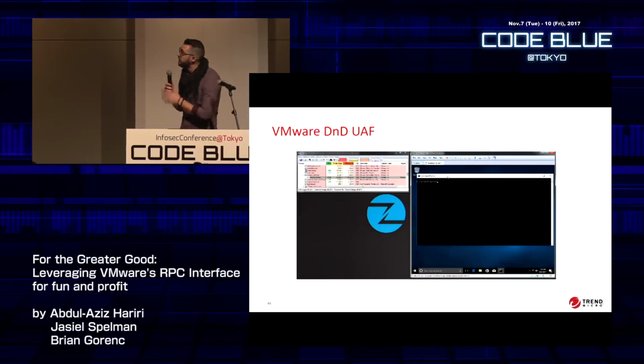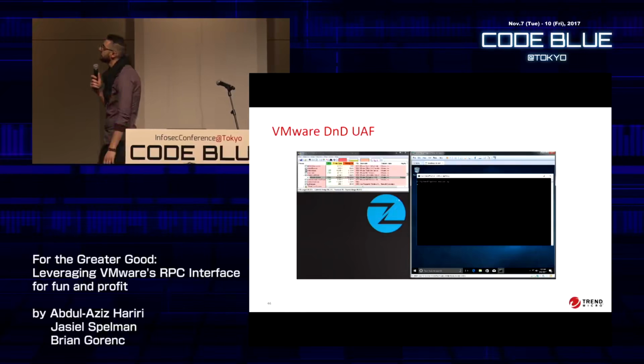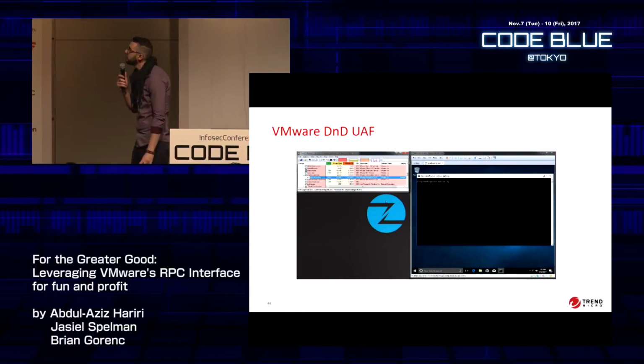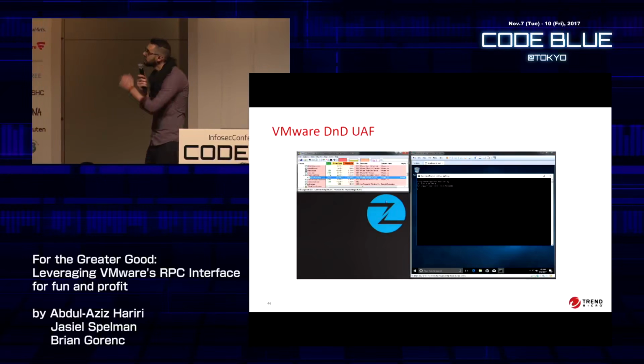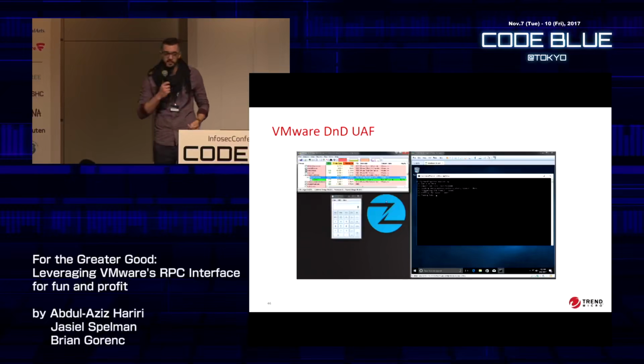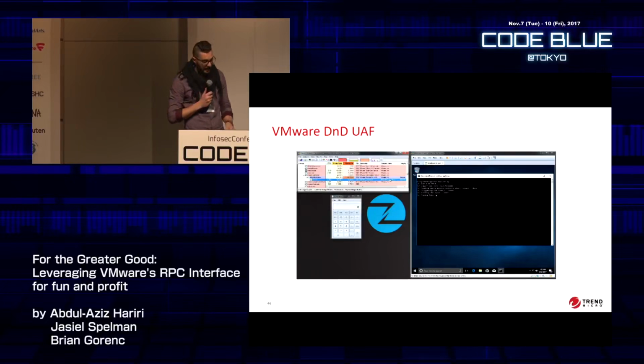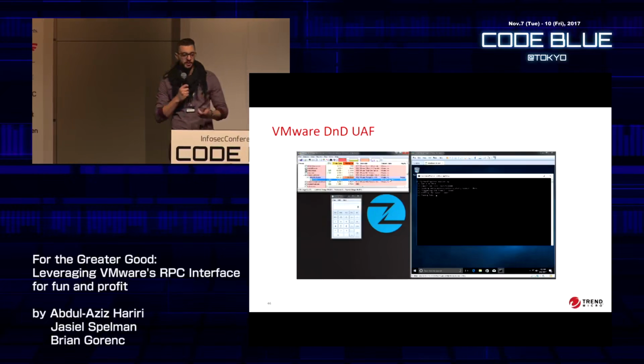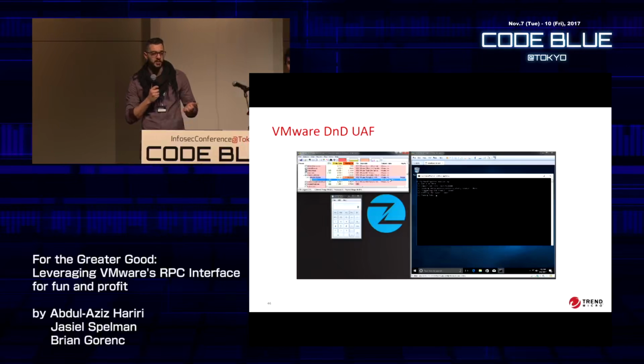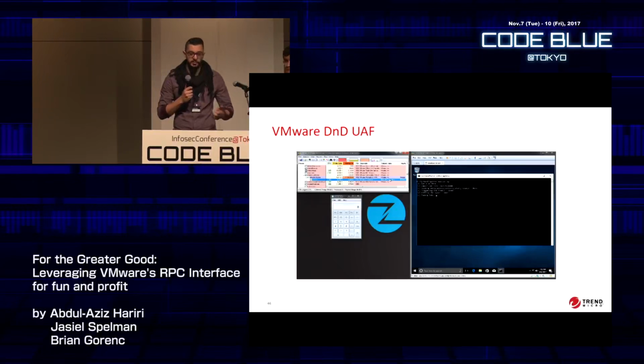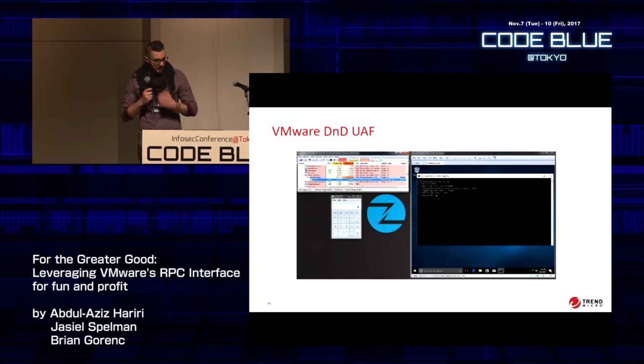Basically, we wrote the exploit in pure Python. In this specific example, we used a leak from Pwn2Own that we got from Tencent. The leak was basically querying a backdoor function using the high bandwidth channel.